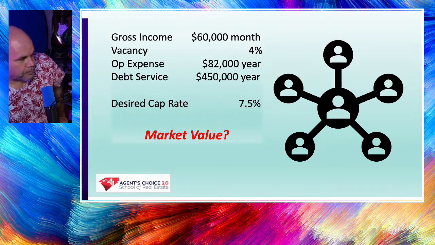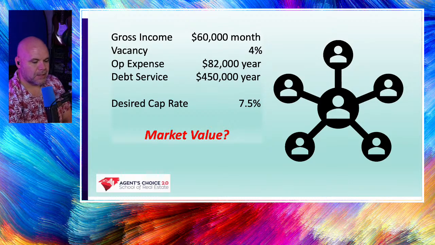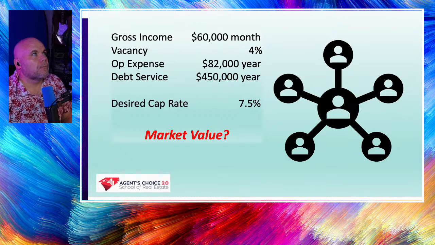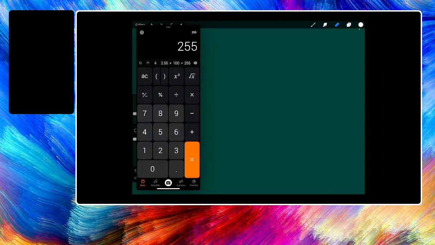How do we do? Let's take a look. We've got a gross income of 60,000.